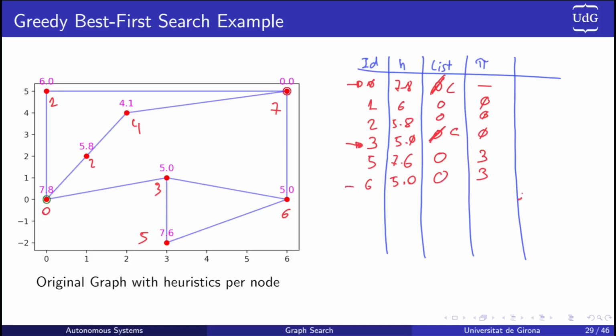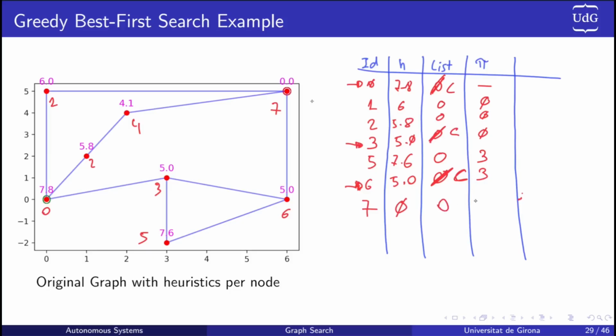The smaller one is again 5.0, so I remove it from the open list and put it in the closed list. For all neighbors of 6 in neither list, 3 is in the closed list and 5 is in the open list, so I have only 7. I put its heuristic, that is 0, and it's in the open list.